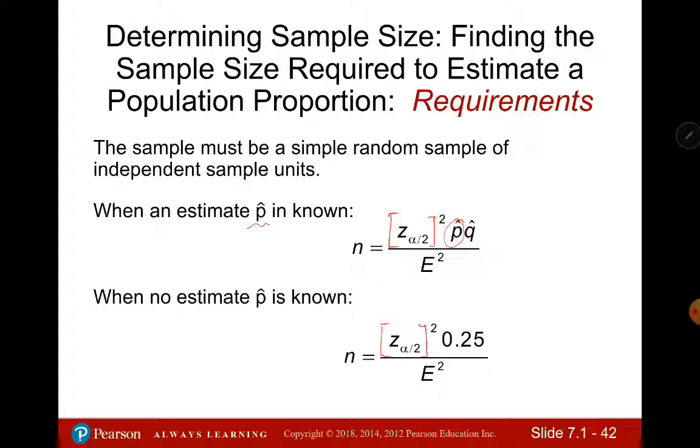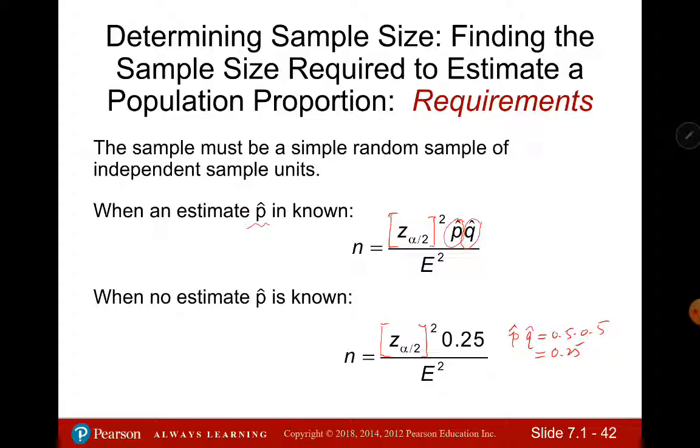If P hat is known, we can use P hat to get the Q hat value, then we can use this formula. But sometimes we don't even know the value of P hat. Then we treat P hat times Q hat as 0.5 times 0.5. Then we will get 0.25.